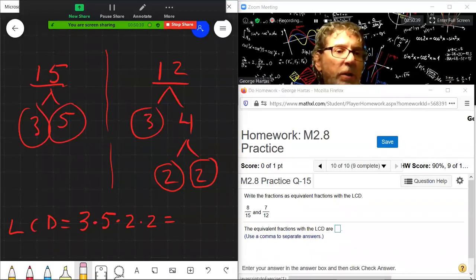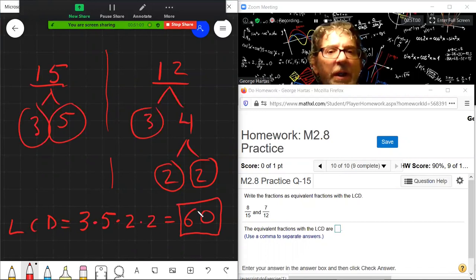All right, so let's see, where are we? Let's multiply this out. 3 times 5 is 15. 15 times 4 is 60. 60 is the lowest common denominator. But they don't want just that, right? They want equivalent fractions.